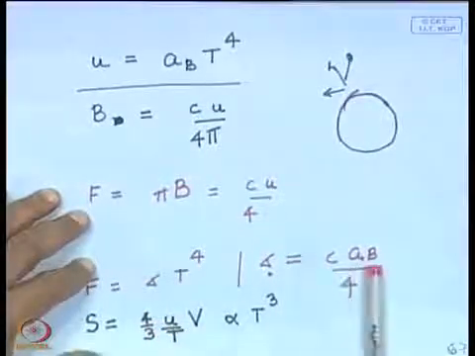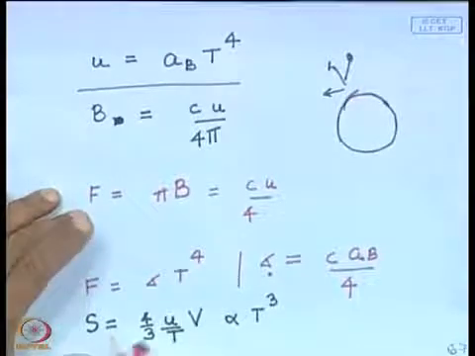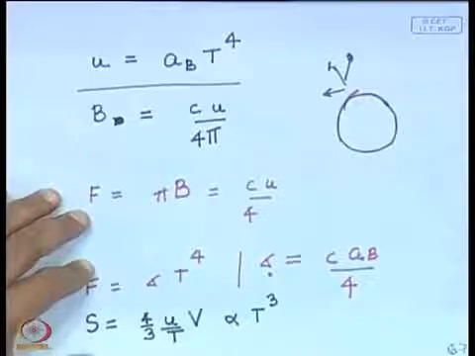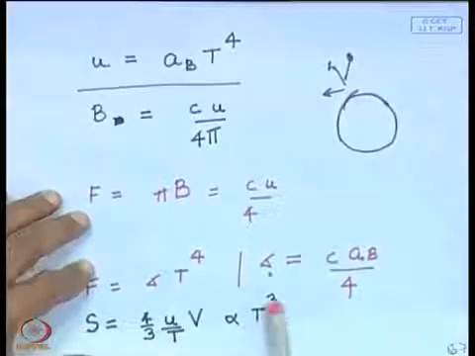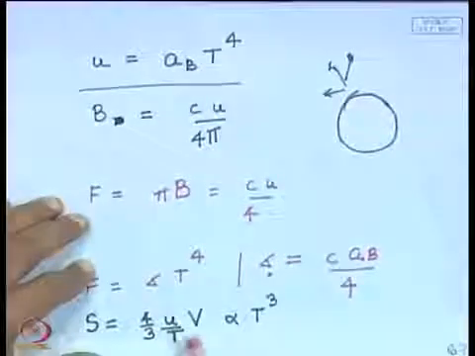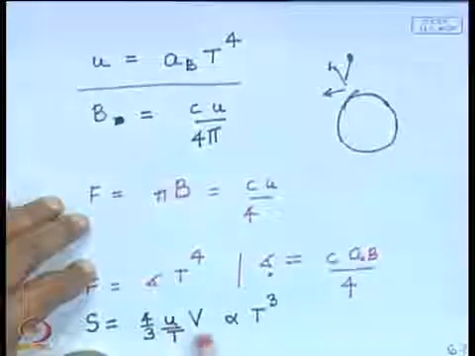So, it is c into the Stefan constant by 4. We also calculated the entropy, and the entropy we saw is proportional to T cube, one power of T less, and it is equal to 4/3 into the energy density by the temperature into the volume of the system.